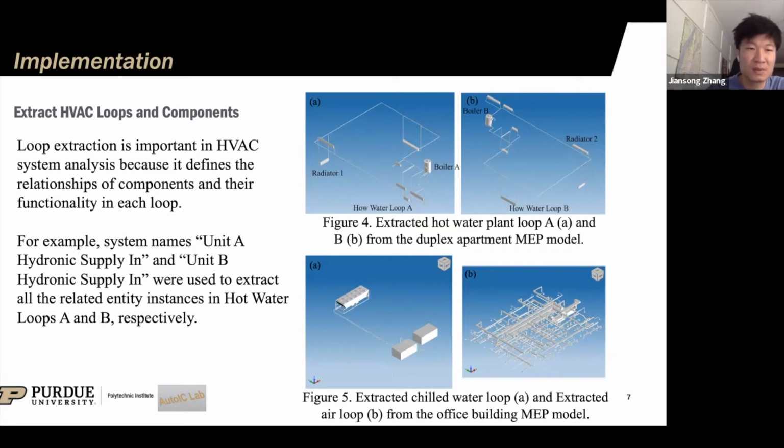So the loop extraction is basically done by a classification algorithm we developed by parsing the keywords. For example, here, unit A hydronics fly-in and unit B hydronics fly-in are used to distinguish the two hot water loops.